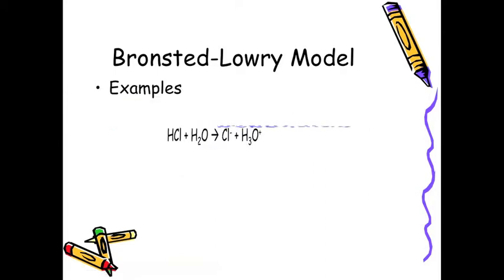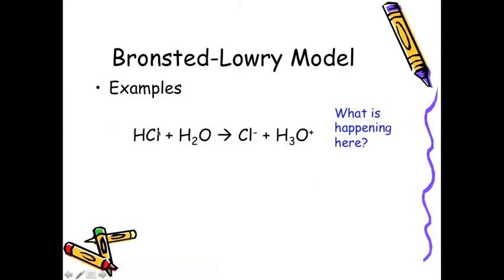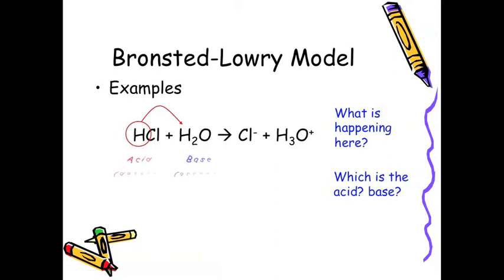So some examples. HCl plus H2O goes to Cl- plus H3O+. What's happening here is that the H2O accepts the proton from the HCl. That brings up the question, which is the acid, which is the base?